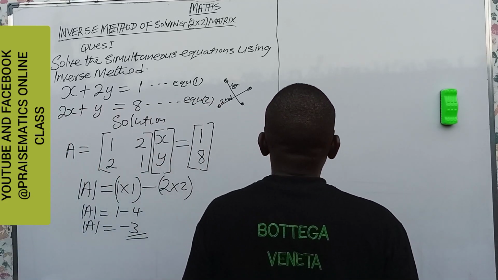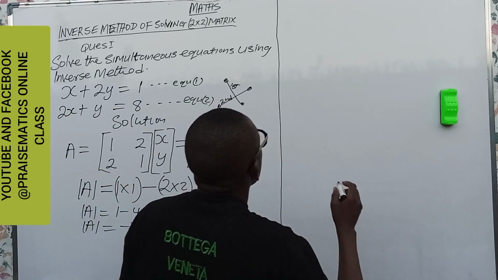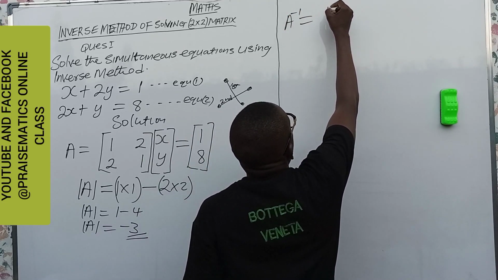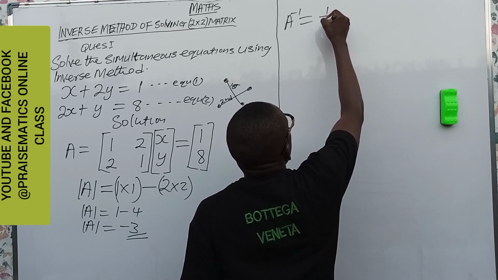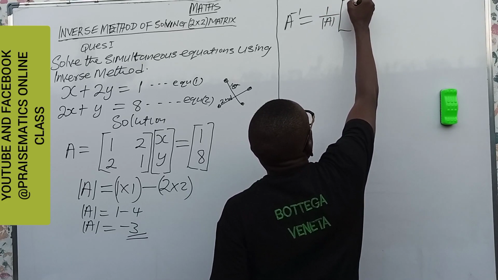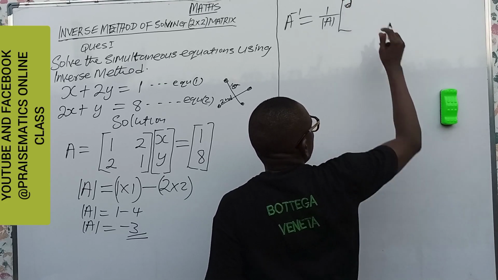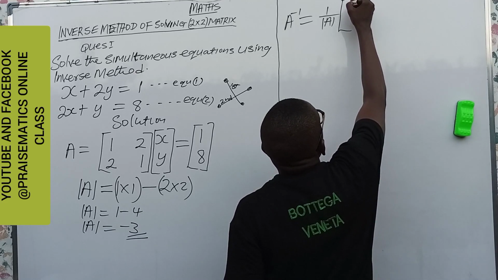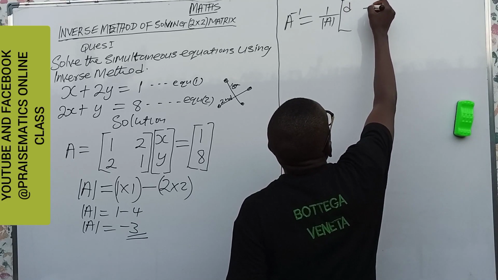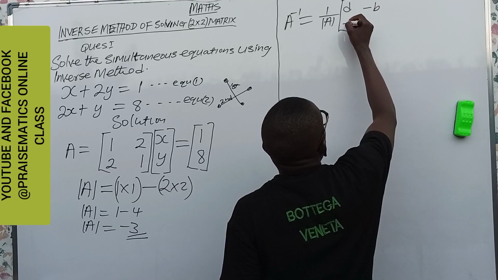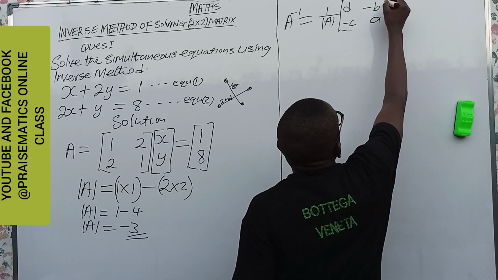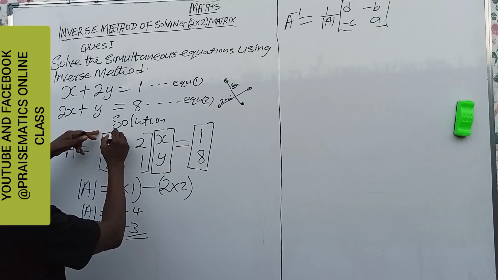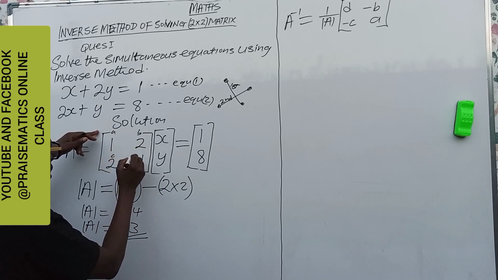Okay, now remember the formula. There is a formula of the inverse matrix that says that A inverse is equal to 1 over the determinant of A, into d, minus b, minus c, a. That is what the formula says. Now, from the first question that they give us, you need to number them a, b, c, d.